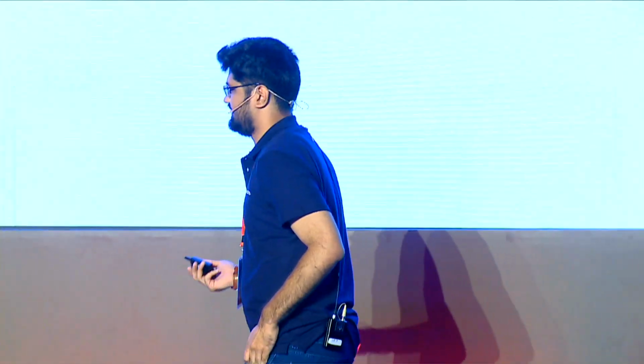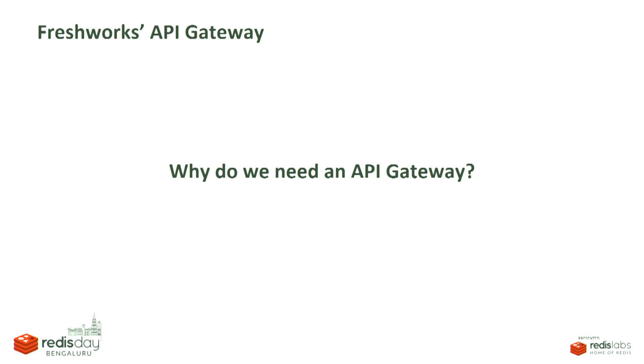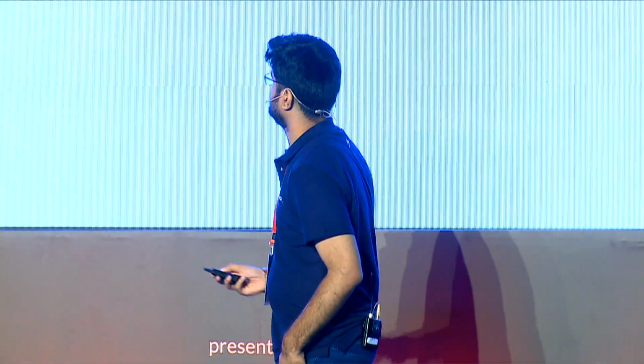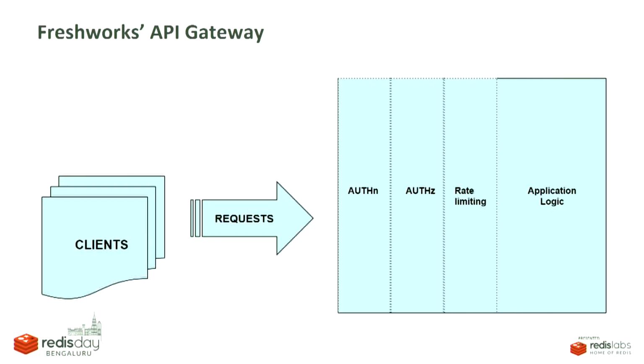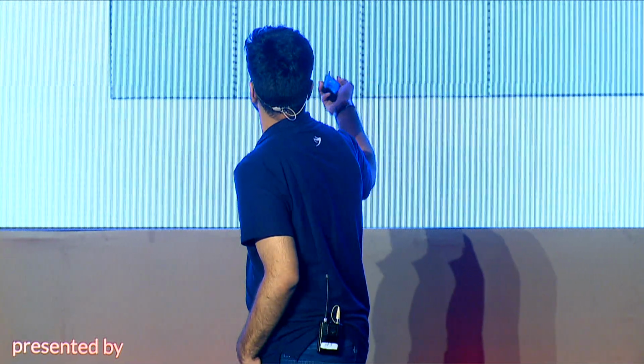First off, why do we need an API Gateway? The way it's structured is that generally, if you're building a business application, you have clients on one side, and you have your application on the other side. Every request that a client sends goes through multiple decisions that your application layer has to decide on, like authentication, authorization, and rate limiting.